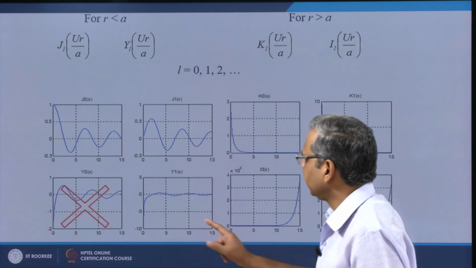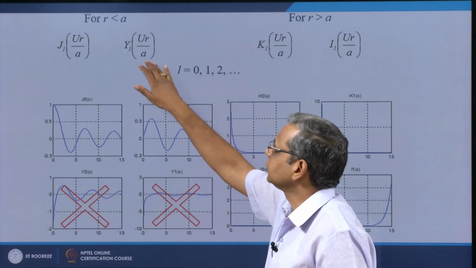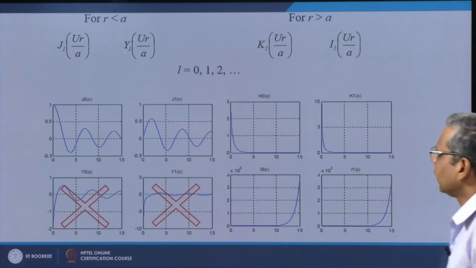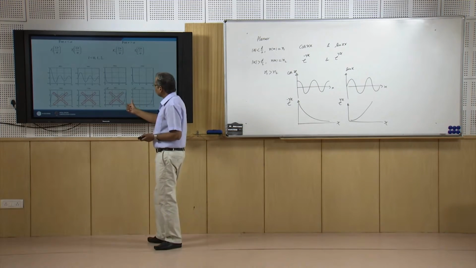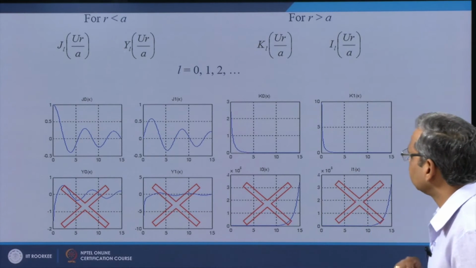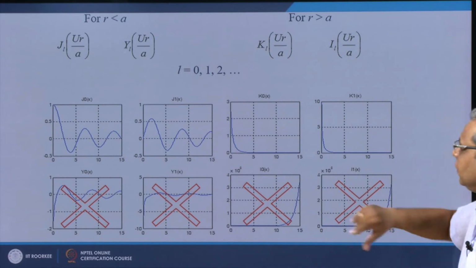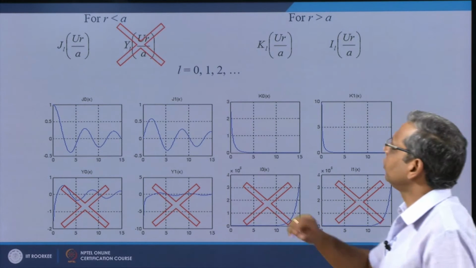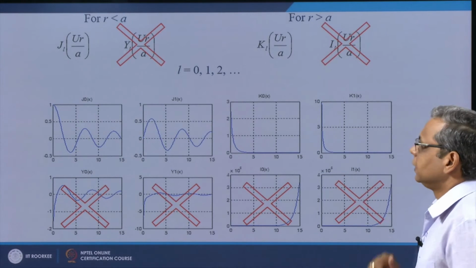So, I cannot include Bessel Y functions in the core. In the cladding, because r can go up to infinity, at infinity these I functions will blow up. So, I will have to discard I functions. So, in the core I will discard this function, in the cladding I will discard this function.